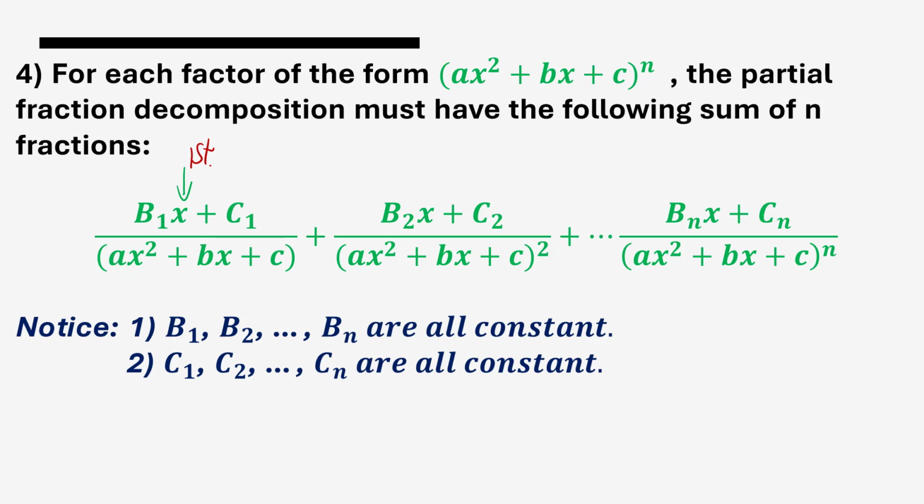And the second term is b2x plus c2 over ax squared plus bx plus c raised to the second power. So this is the second term. And we abbreviate some of the terms in between. And the last term will be the n-th term.